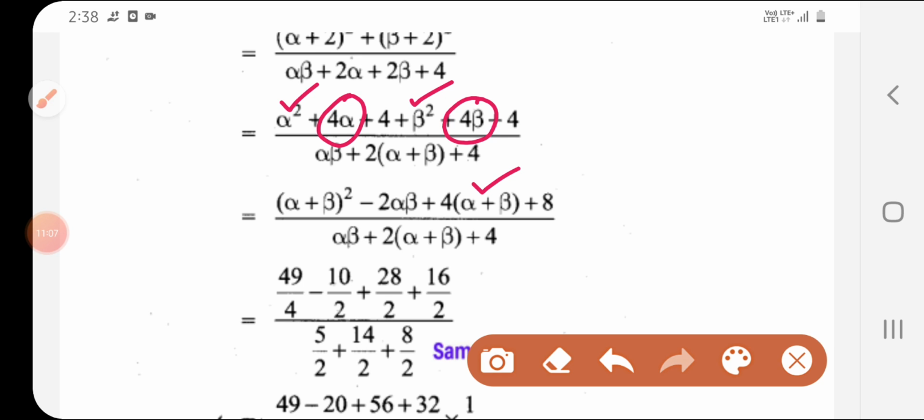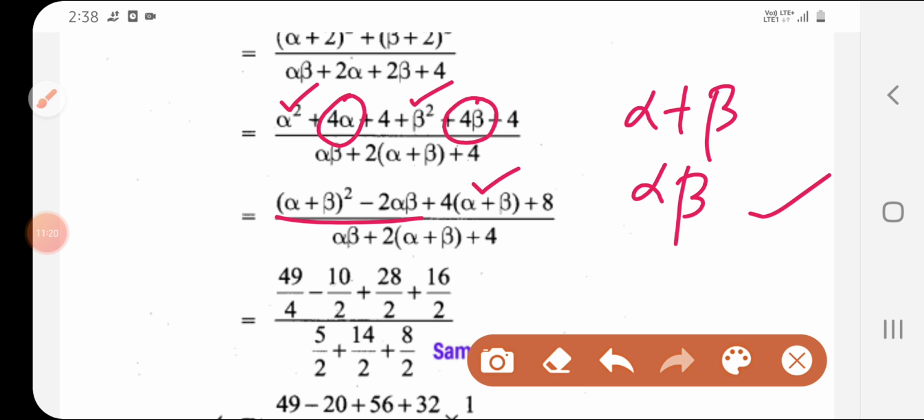For that we can apply the formula (alpha plus beta) the whole square minus 2 alpha beta, because we have only the values of alpha plus beta and alpha into beta. So we have to simplify the expression in terms of alpha plus beta and alpha into beta, then only we can find the value. Next thing, here 4, here 4, when we add these we will get 8, divided by alpha beta, 2 into (alpha plus beta) plus 4.